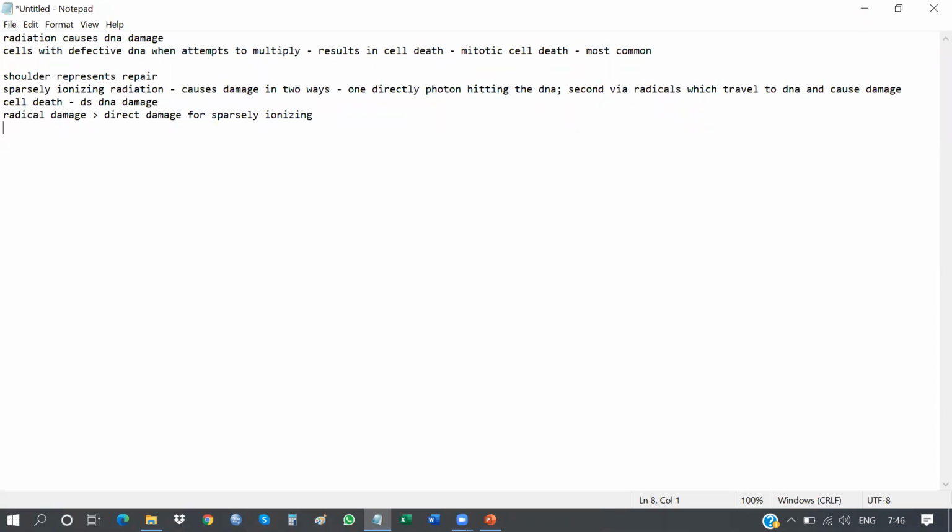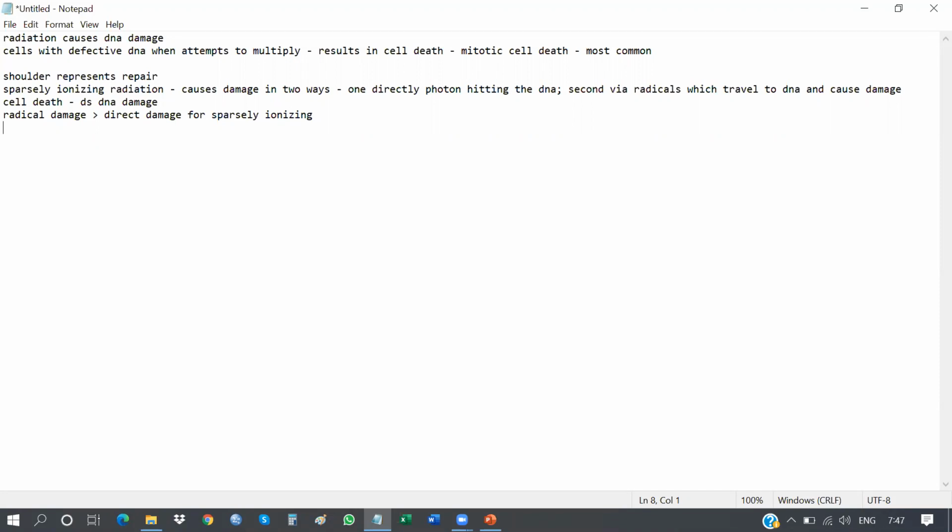Now, as we have discussed before, consider radicals like assassins hired to kill, and direct is you are killing yourself. Okay, so in sparsely ionizing, there is a potential for repair.